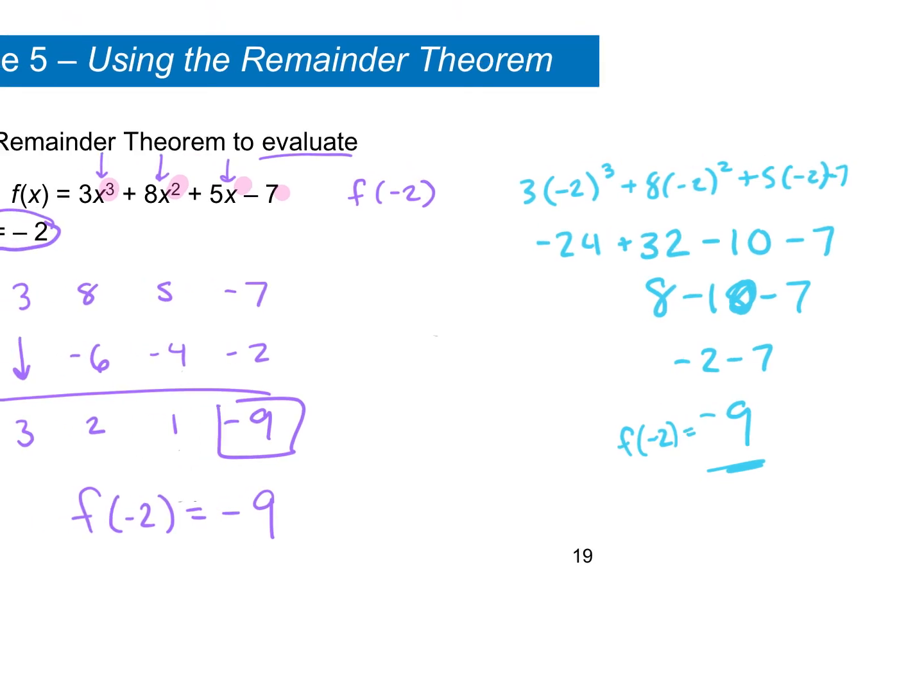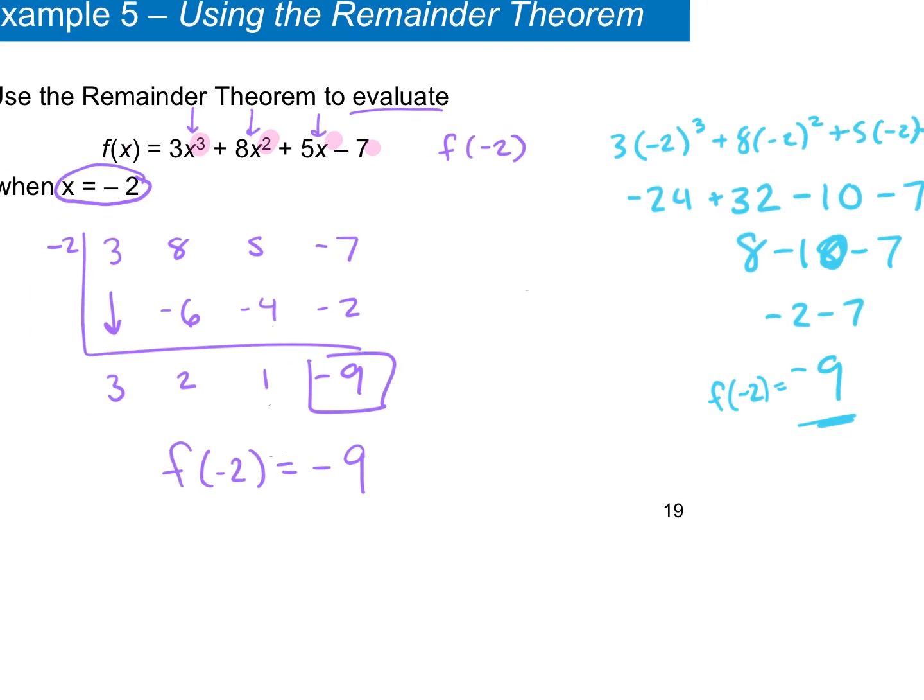Let me ask you a question. If this question asked us to divide, our answer would be this part here. Those would be the coefficients of our answer. Since we started with x cubed, this would be 3x squared, so 1 less, plus 2x plus 1, remainder negative 9. Can you write it as a fraction?